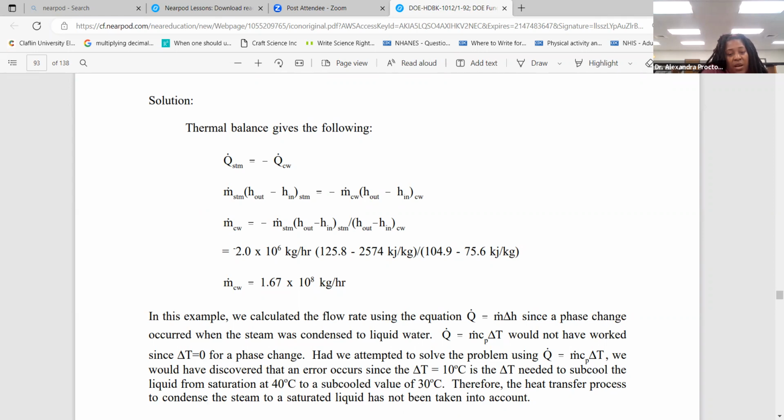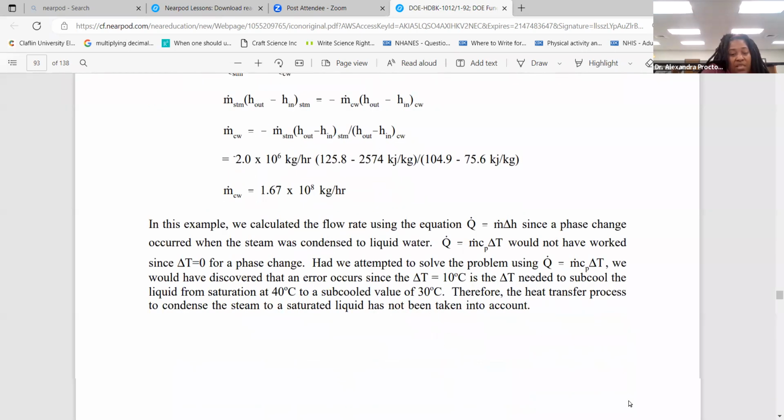Therefore, the heat transfer process to condense the steam to a saturated liquid has not been taken into account.